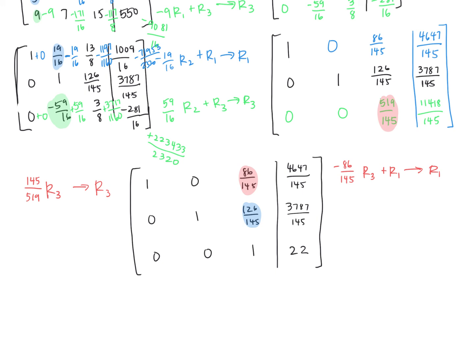And again, in order to save space, I'm going to do the same thing for row 2. So I'm going to multiply row 3 now times the opposite of what I want to 0 out in row 2. So that's negative 126 over 145. Add that to the row I want to 0 out, that's row 2, and replace row 2 with that.